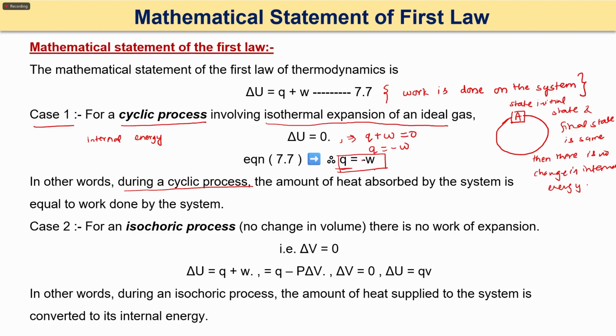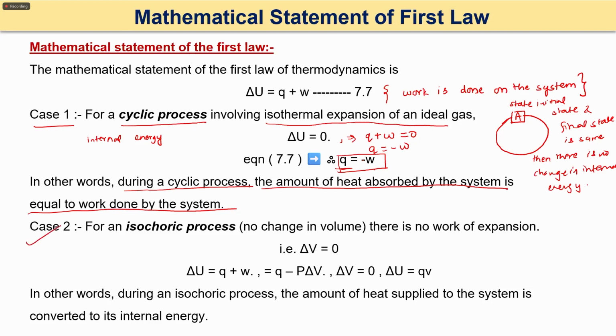The minus sign shows that work is done by the system. The heat we supply to the system is absorbed and then used to do work. So the amount of heat absorbed by the system is equal to the work done by the system.